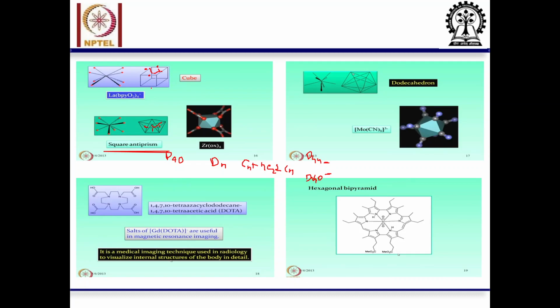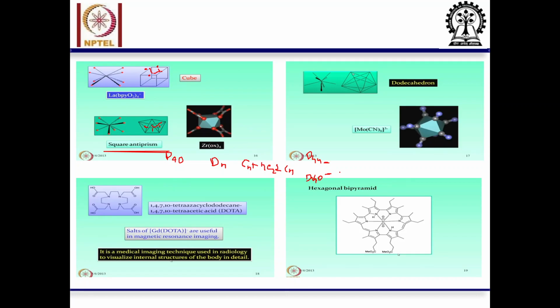The top four we just have to rotate by 45 degrees. For any 3D model, I think I have to go to YouTube and find it, because I have not taken it from YouTube. There will be a model available for this square antiprism.